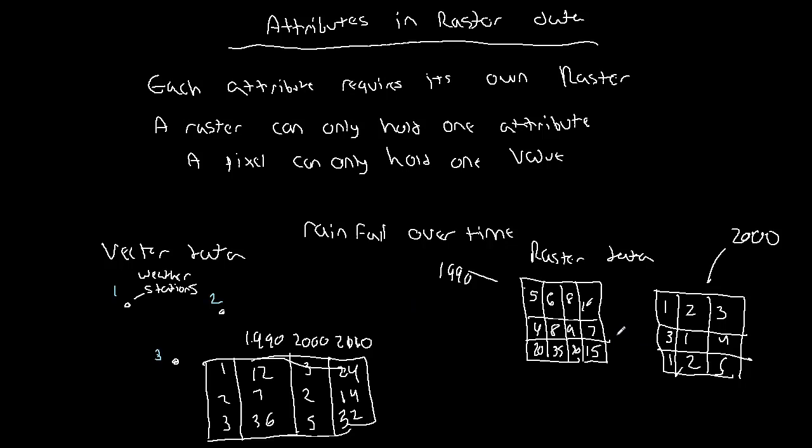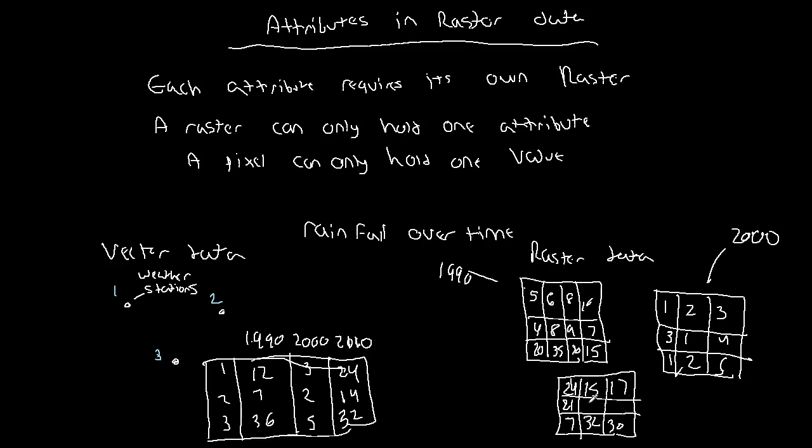If we want raster data, we can't just add numbers to the existing pixels. We have to duplicate the entire raster data structure again, and then put some numbers in here. Oh, I just realized this was originally a 3x4 and these are 3x3s. These would all be the same size.